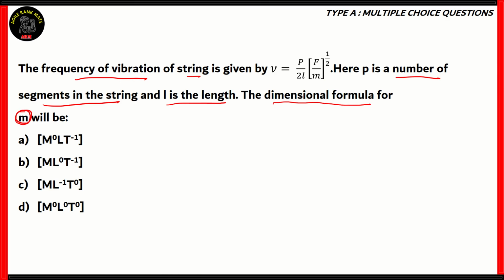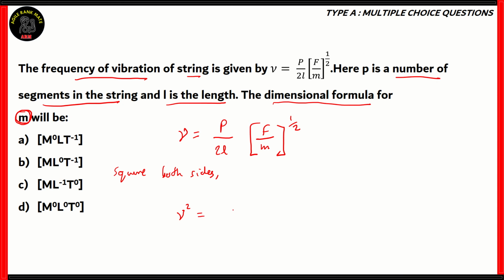Now, we don't know whether m is a constant or not. So if we look at the formula, nu, which is frequency, equals p over 2l multiplied by the square root of force over m. In order to compare, let's square both sides just to remove the square root.